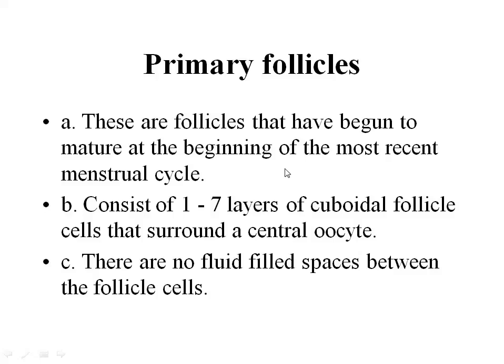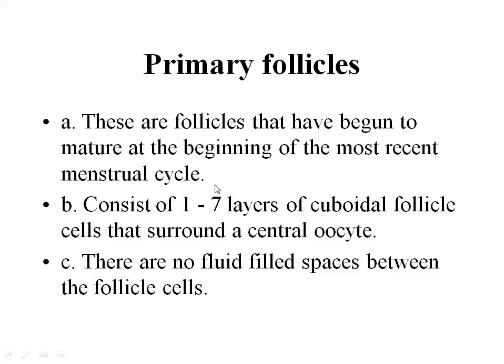These ovarian hormones produce a cyclical change in the female reproductive system, which is responsible for the continuous histological change in the endometrium, the internal lining of the uterus, which goes on changing cyclically. That is called the menstrual cycle. So these are the primary follicles that have begun to mature at the beginning of the most recent menstrual cycle.